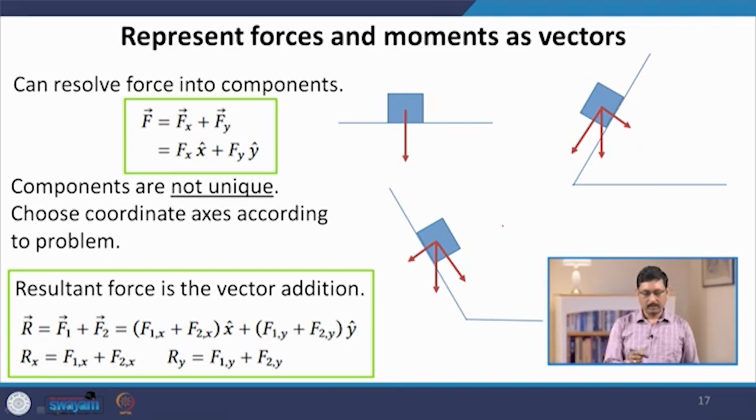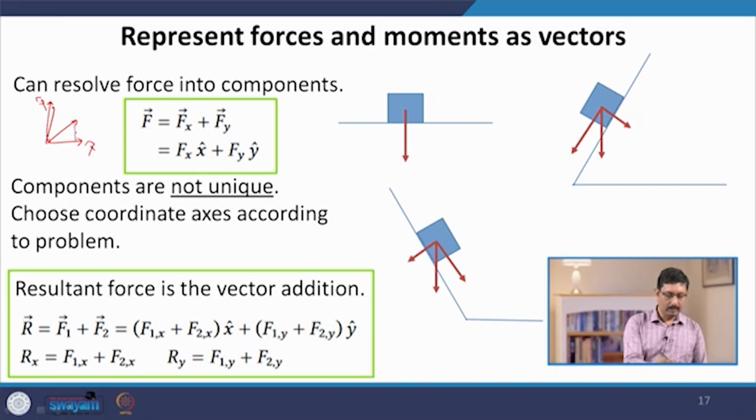So, for example, let us say I consider a force on a plane, so that it has only two components, a component along the x direction and along the y direction. Let us say this is a simple force, and you choose this as your x axis and this as your y axis.